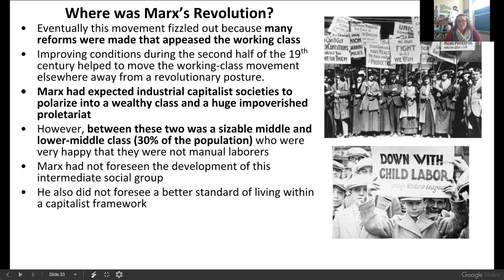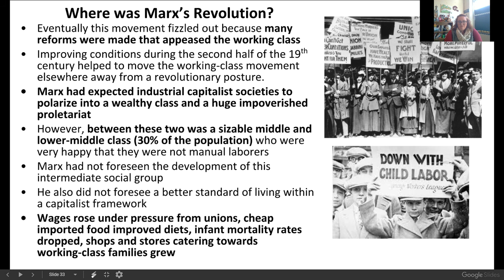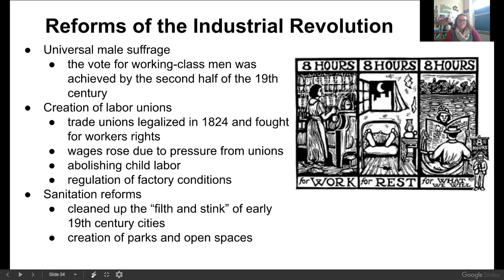He also didn't foresee a better standard of living within this capitalist framework. So wages rose under pressure from unions, cheap imported food improved diets, infant mortality rates dropped, and shops and stores started catering to working class families and grew in popularity, which meant no revolution for Marx.